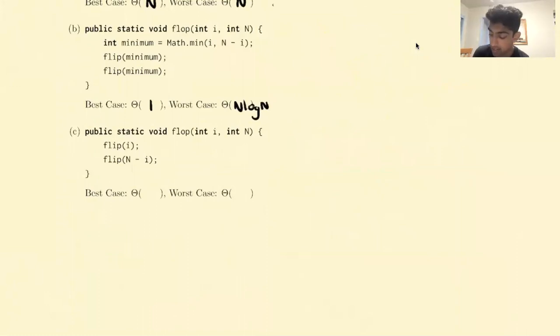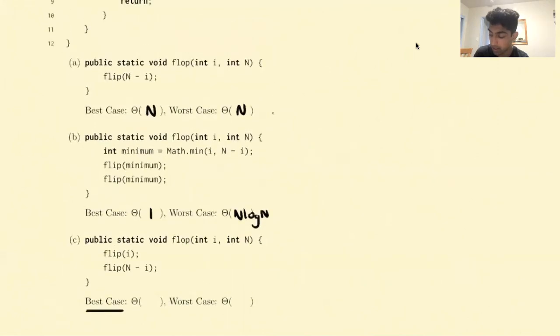So this last case, we have flop of I and n, okay? And we're considering, we can call flip of I and flip of n minus I. Let's explore the best case possibility first. When we think about best case, we're trying to figure out what will take the least amount of work possible.